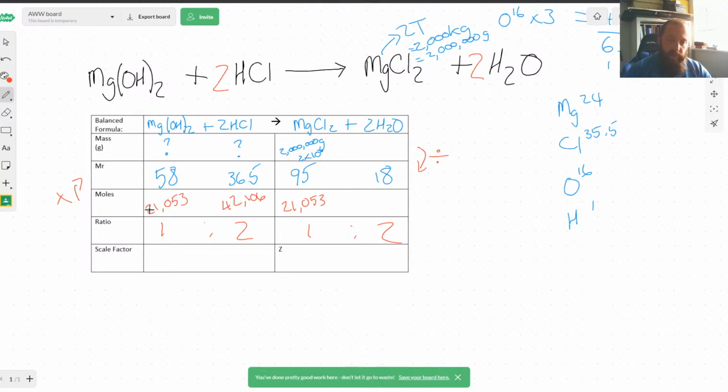So we're multiplying this number, multiplying this number. I would need 1, 2, 2, 1. So I would need 1,221,074 grams of magnesium hydroxide, or in other words, 1.2 ton.